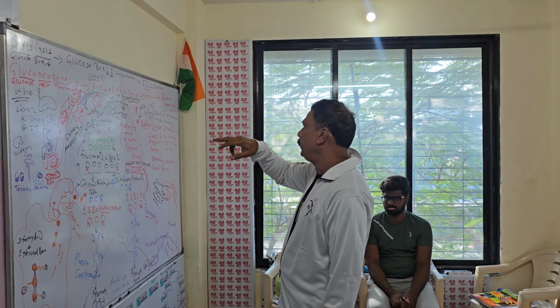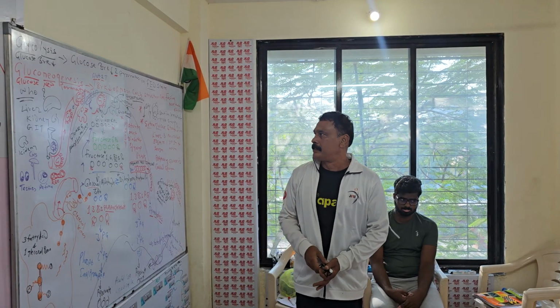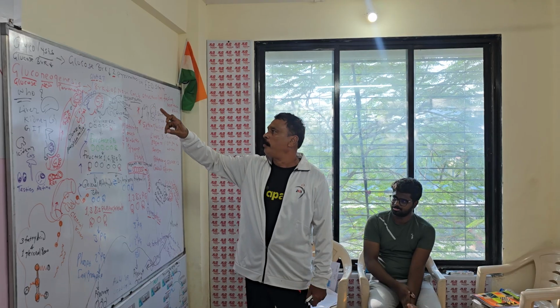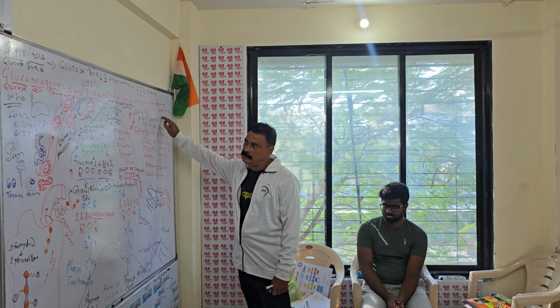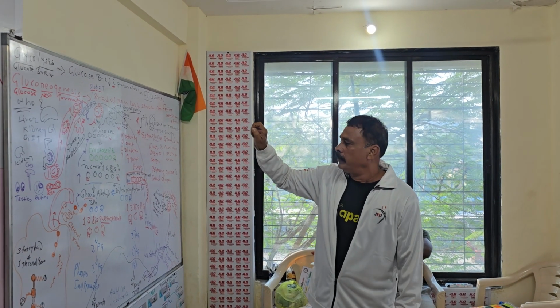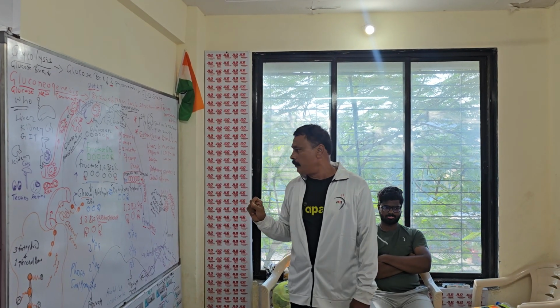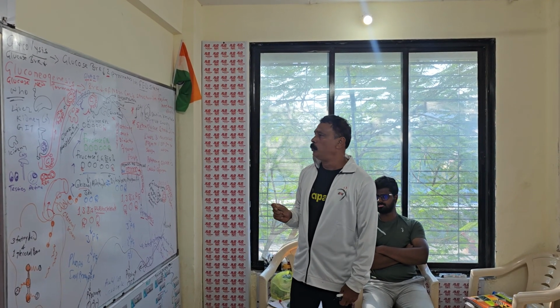And the second one we will see is gluconeogenesis. That means the breakdown of non-carb structures in fasting of more than 6 hours. This process is mainly used for fat loss, and in that case we have to do exercise.